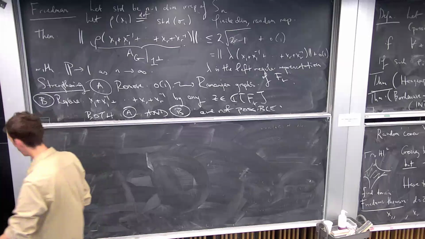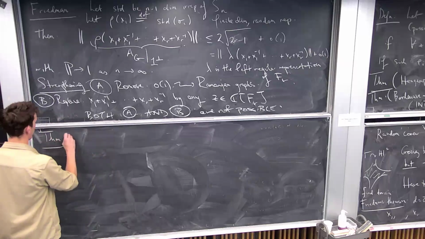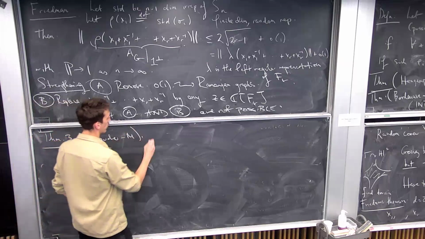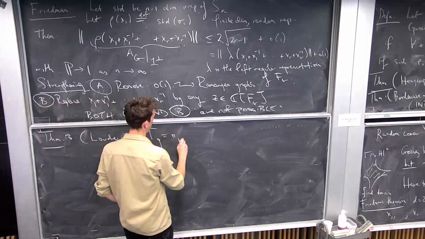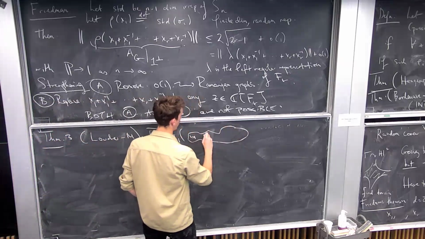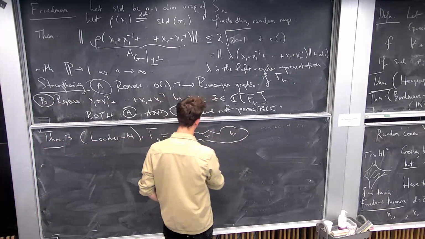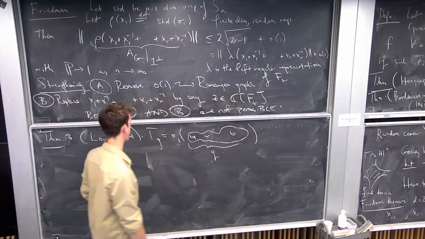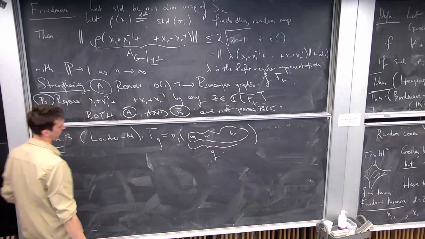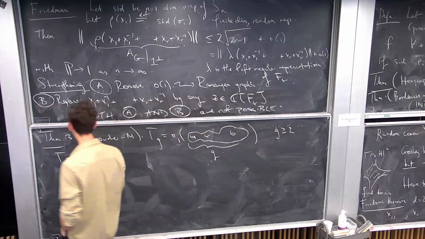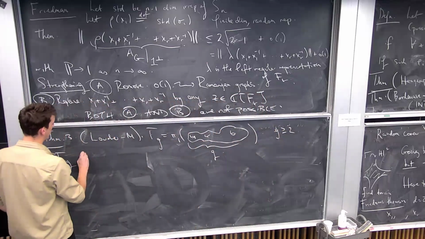So it's Theorem 3, joint with Lars Louder. If Γ_g is the fundamental group of a closed hyperbolic surface of genus g (to be hyperbolic, g has to be at least 2), then Γ_g is PMF.